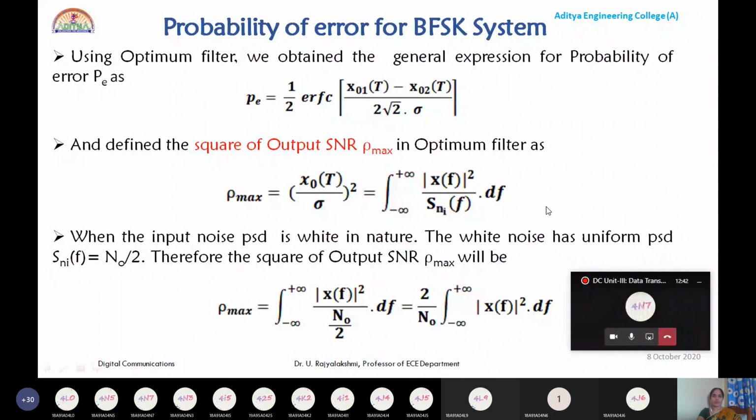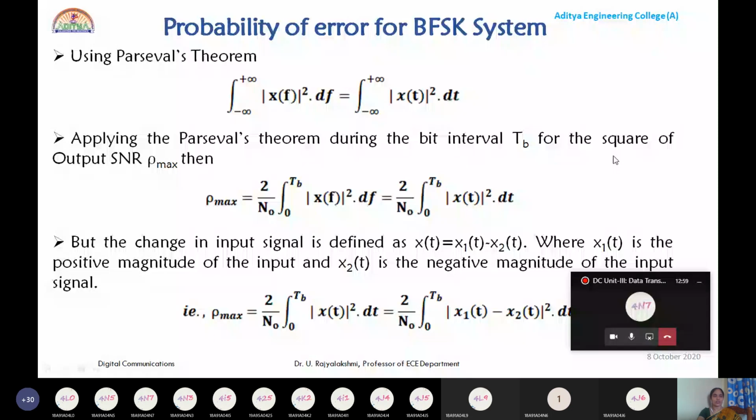We just took the SNI of f value N0 by 2 to the numerator, so that we get 2 by N0 integral from minus infinity to plus infinity mod X of f square df. Now, as usual, the same steps we are following. What next?